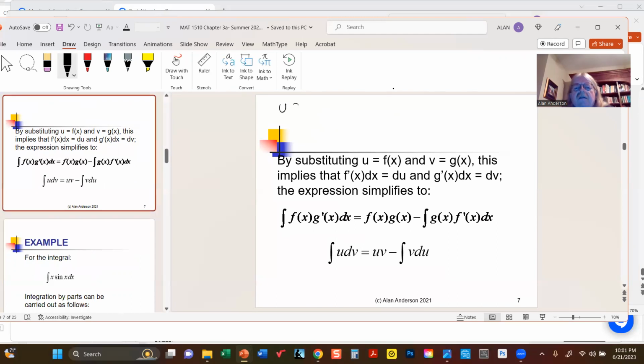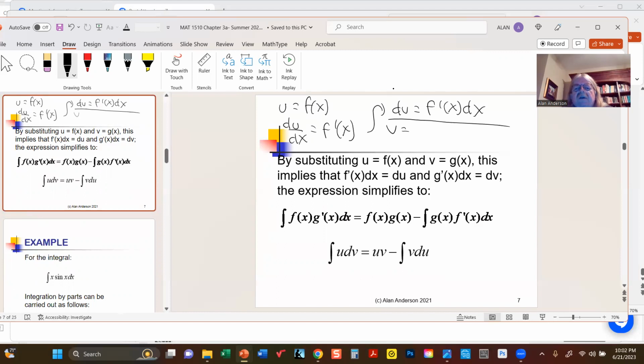If that's the case, then du dx is f prime of x, or du means f prime of x dx. And if we let v take the place of g of x, we end up with the same thing. dv is simply equal to g prime of x dx.